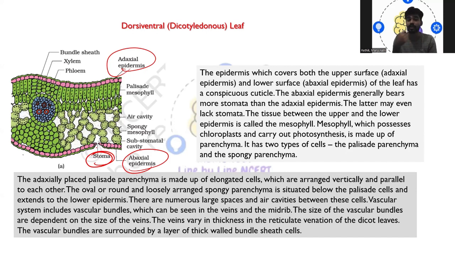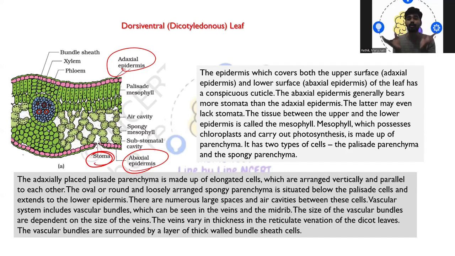Again, the tissue between the upper and lower epidermis, you will be seeing some mesophyll cells. Mesophyll cells possess chloroplasts.